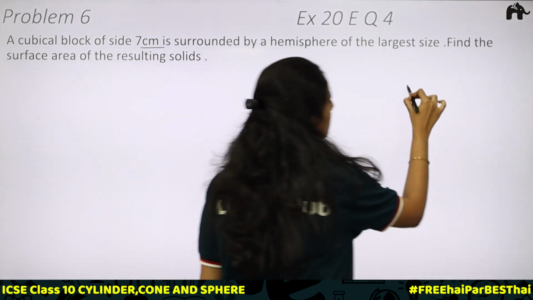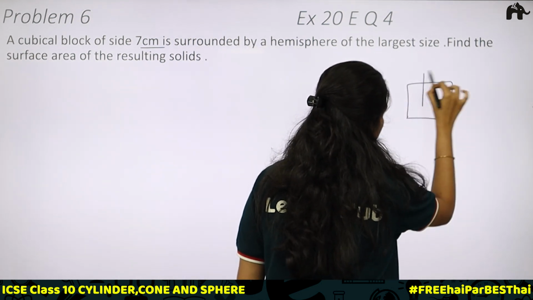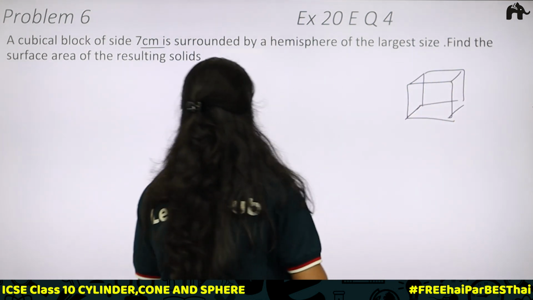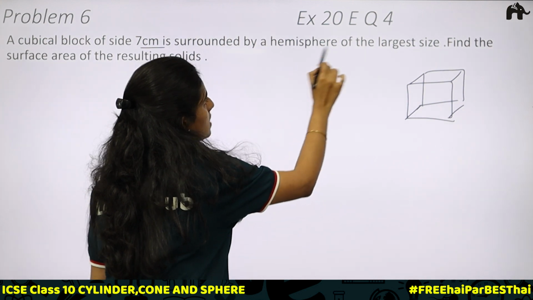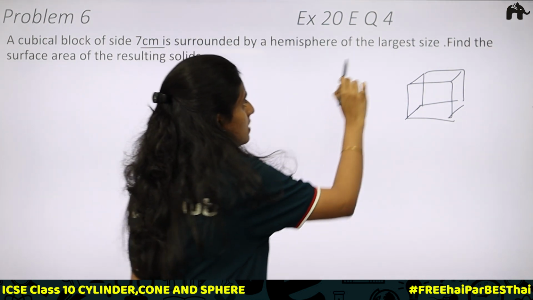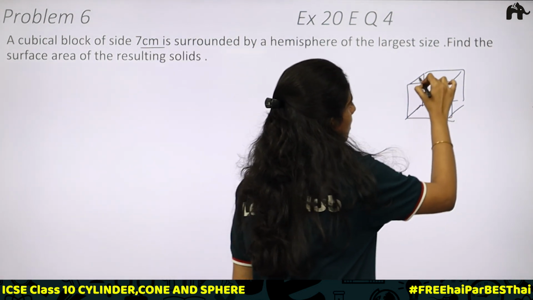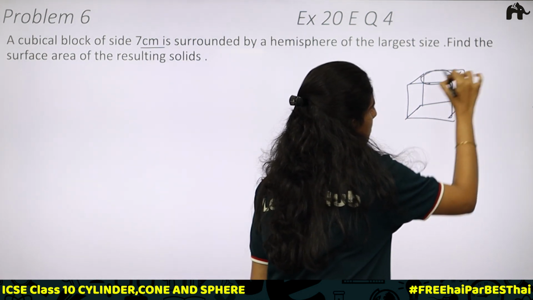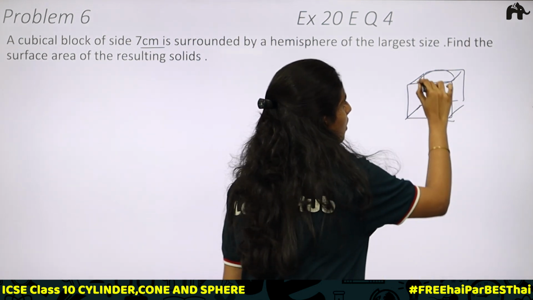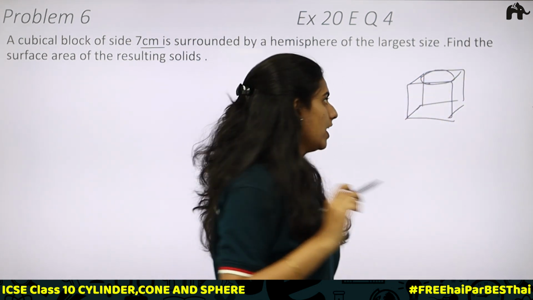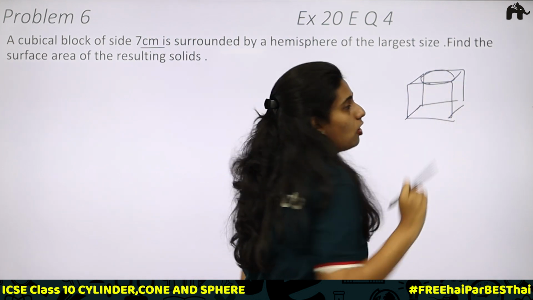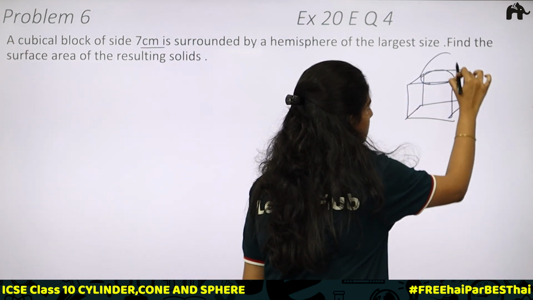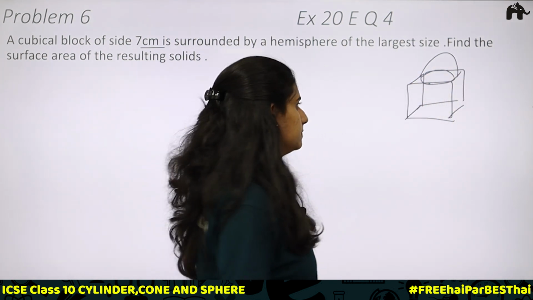We have a cubical box. Okay. Then it is surrounded by a hemisphere of largest size. Hemisphere of largest size, which means the circumference of the base of the hemisphere should touch all the sides of the square which is coming on the top of the cube. Okay, so this is how the hemisphere would be.